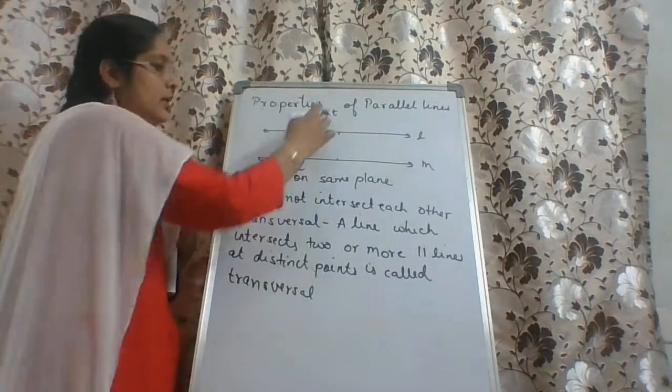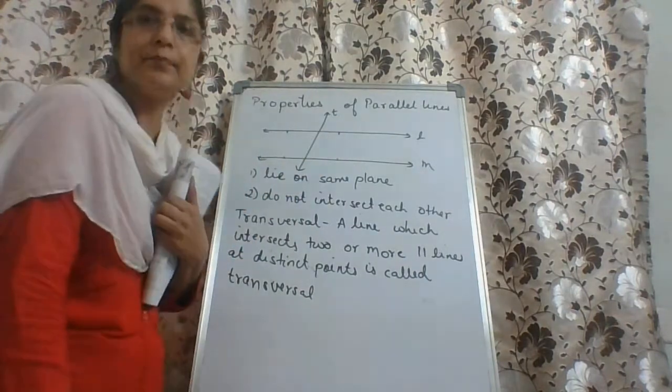This is a transversal. T is a transversal line. L and M are parallel lines.